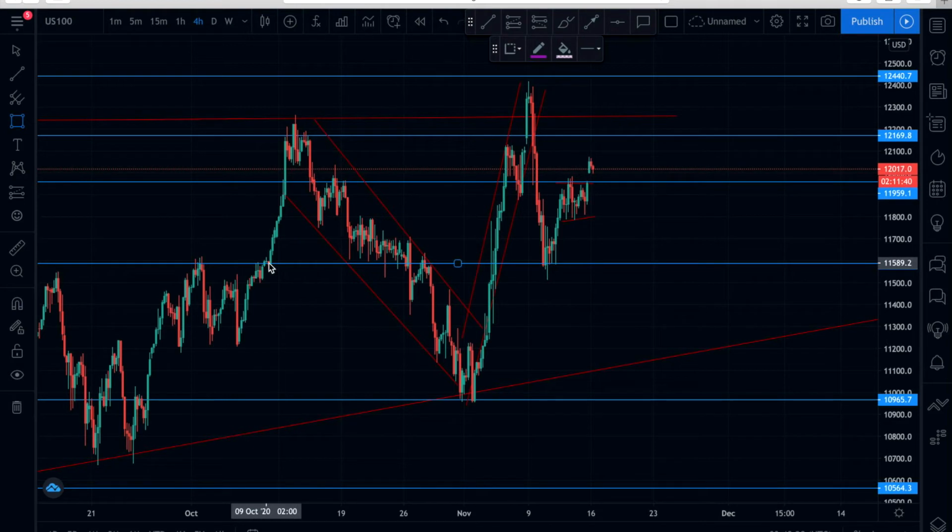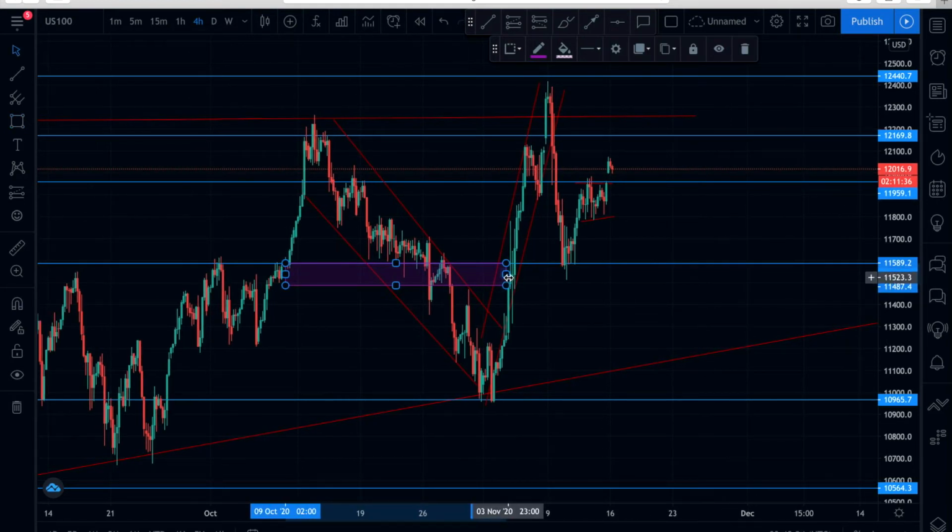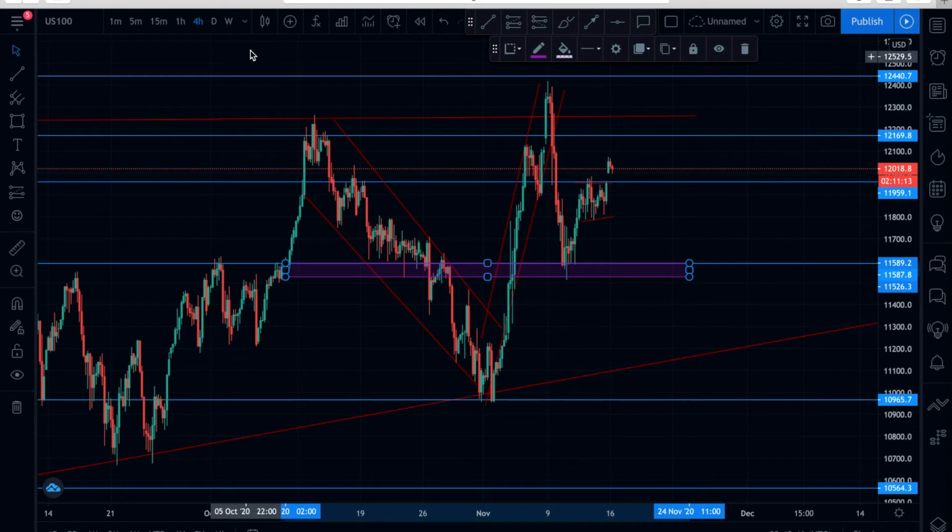So I'll put my rectangle at this point over here, to say when the price gets to this point, if it comes down, it will retrace and then go up. Okay. And also, if we look at this point, this leg, we also have support there.